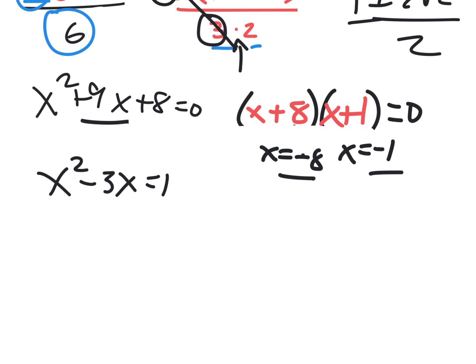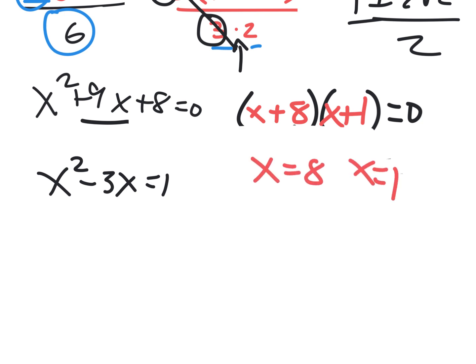Why can't it be just plus 8 and plus 1? Okay, so I get, you're asking, why aren't the answers just 8 and 1? Well, what they do is stick the answers back in, and that's how you can tell if you did it right. When I stick 8 in, does it actually equal 0?